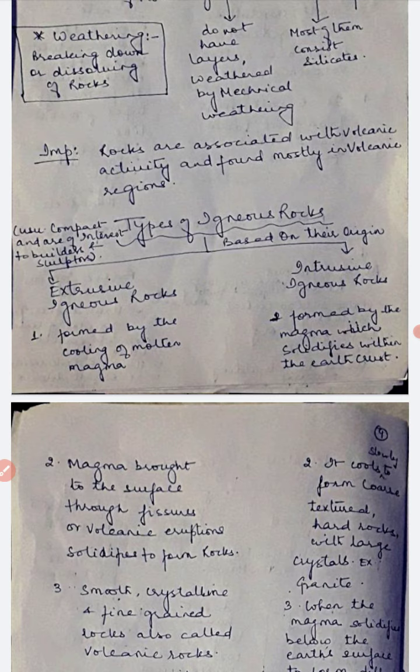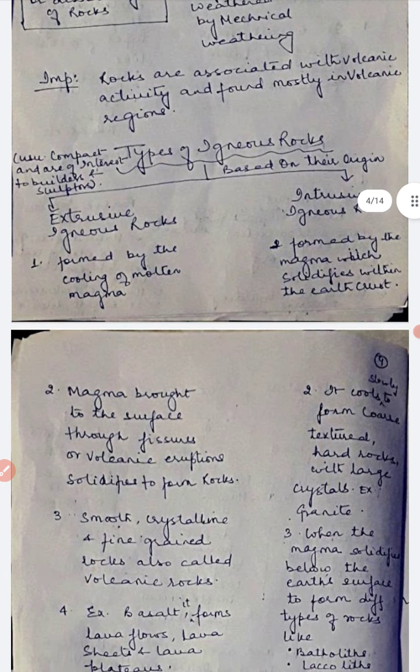Extrusive igneous rocks are formed by the cooling of the molten matter, whereas intrusive igneous rocks are formed by the magma which solidifies inside the earth crust. When magma is brought to the surface through fissures or openings, the volcanic eruptions, it solidifies to form the rocks.